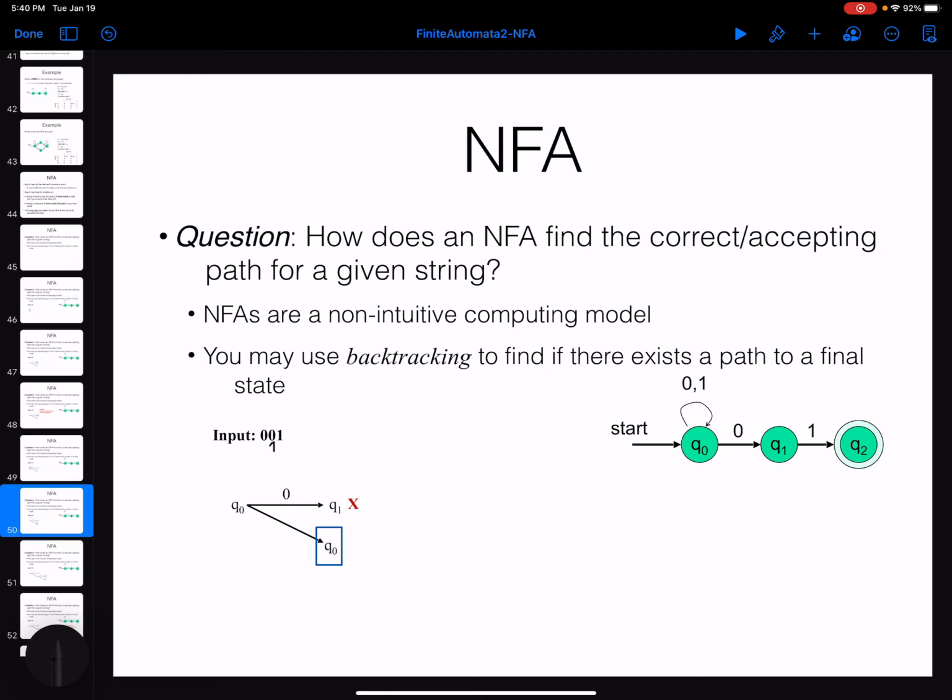In the next step, I read the next input symbol, which is 0. Again, at Q0, I have two options. I can either go to Q1 or stay at Q0. So now I am just representing both of the possibilities.